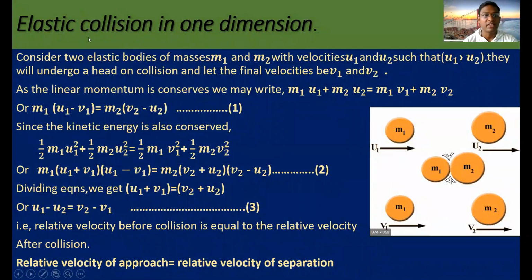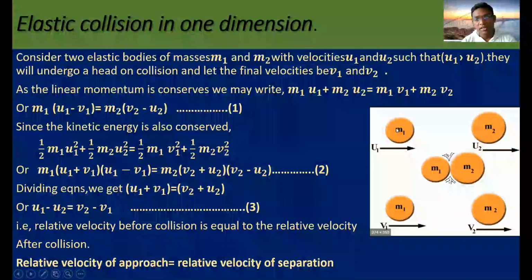And in an elastic collision, momentum and energy are conserved, and the kinetic energy is also conserved. So we will derive an expression for the final velocities of the two bodies after collision. Look at this diagram.